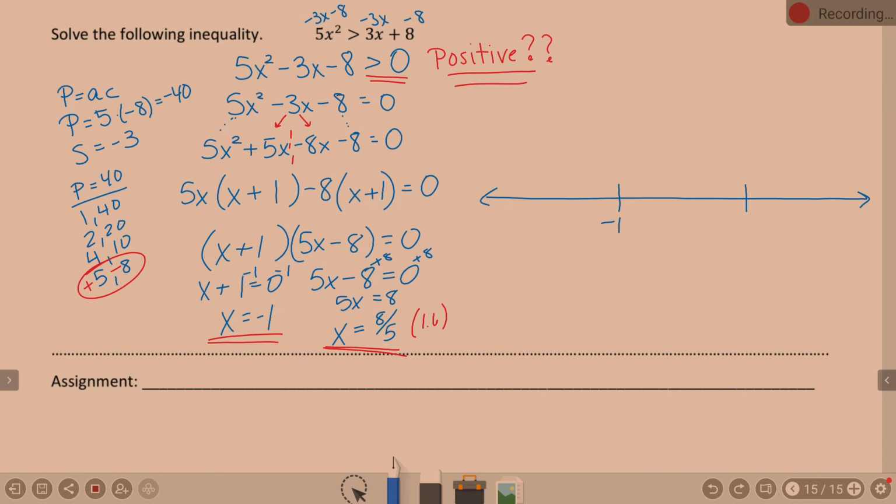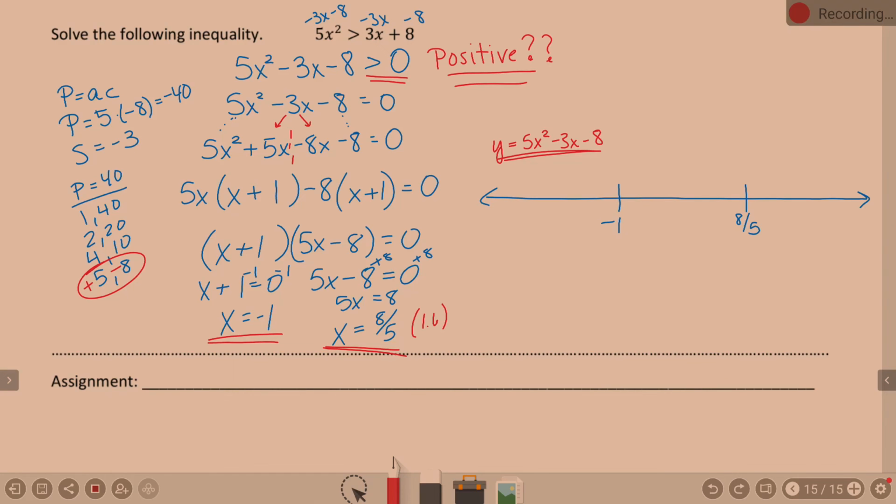The 8/5 is going second. What's the equation we should be using to test? We're using y equals 5x squared minus 3x minus 8. That's what we're going to use as our test.